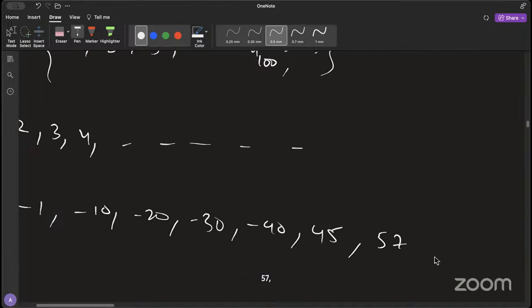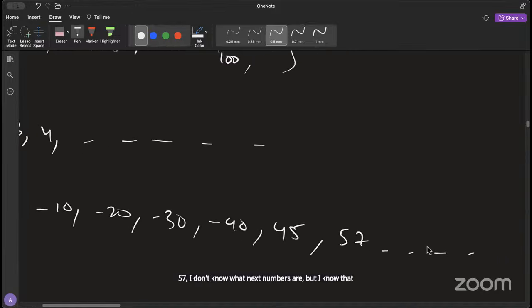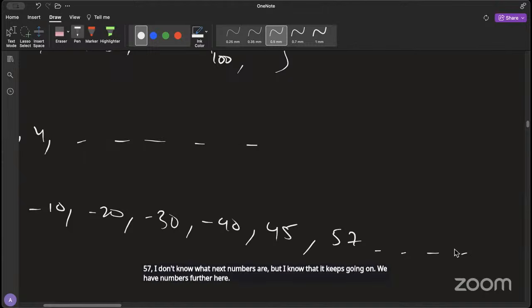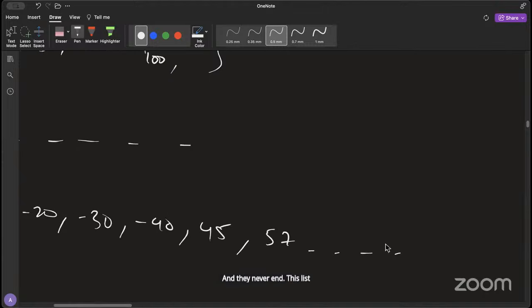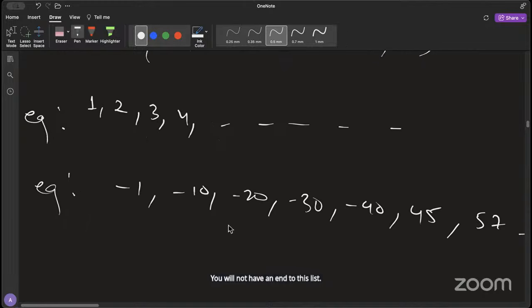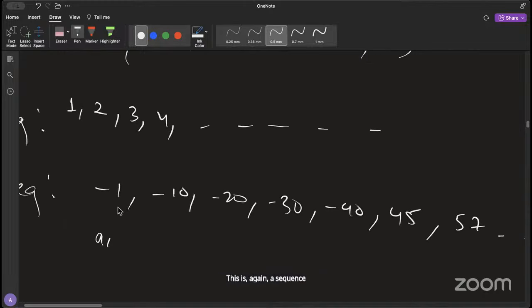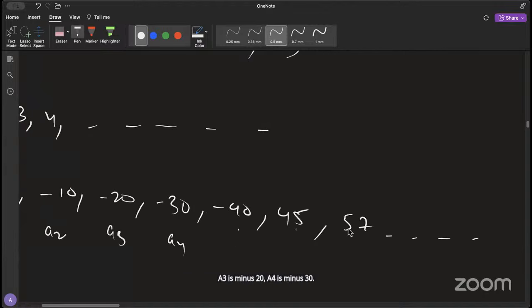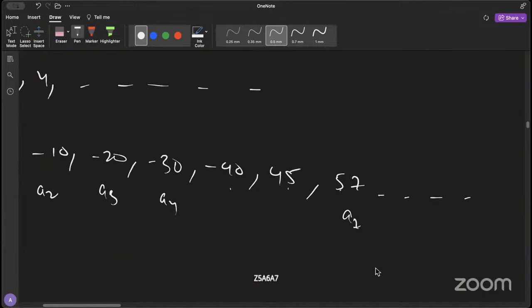I don't know what the next numbers are, but I know that it keeps going on. We have numbers further here, and they never end. This list will never end. This is a list which will keep going on. You don't have an end to this list. This is again a sequence where A1 is this term, A2 is this, A3 is -20, A4 is -30, A5, A6, A7, and it keeps going on till A 1 lakh, and then it keeps going on. So this is called a sequence, right?